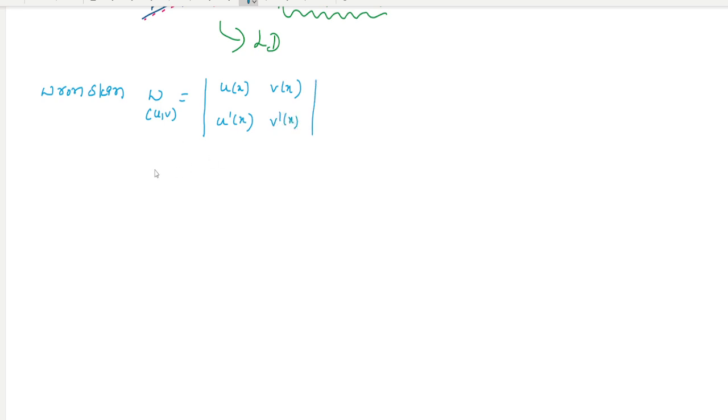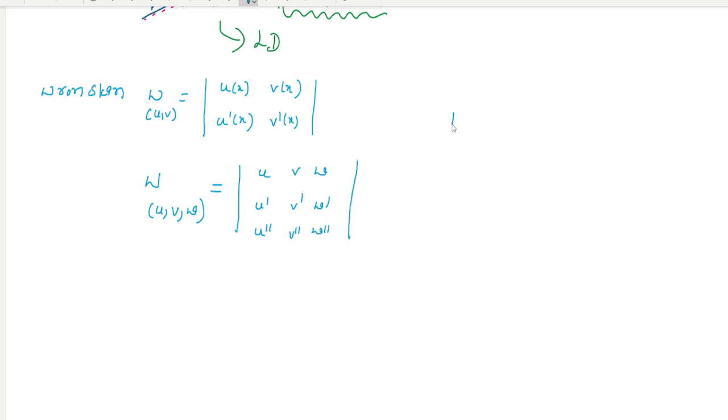In case x, y, z axes are there, then W of u, v, w: we write the first derivatives u', v', w', and the double derivatives u'', v'', w''.